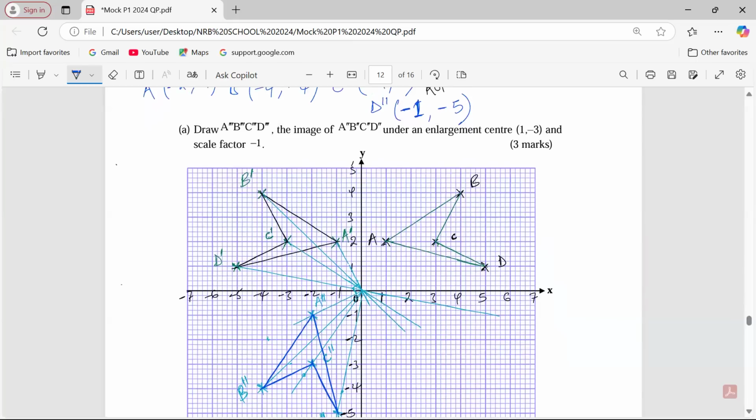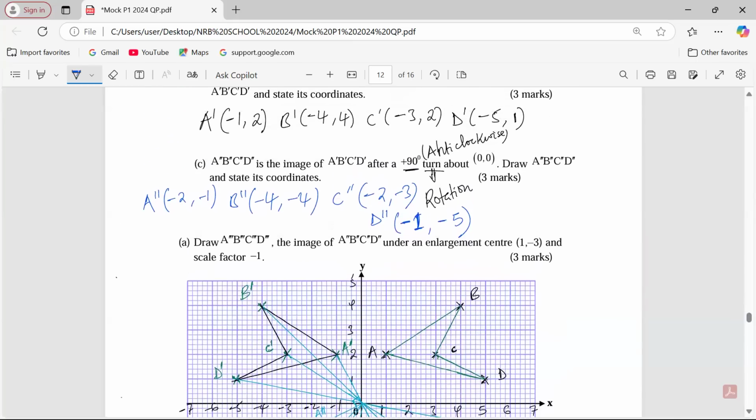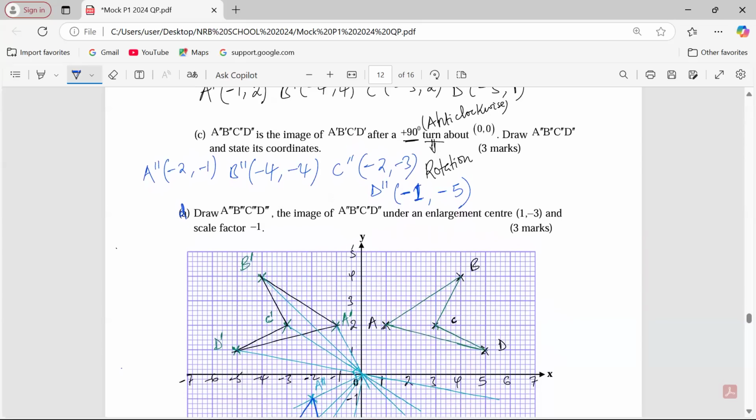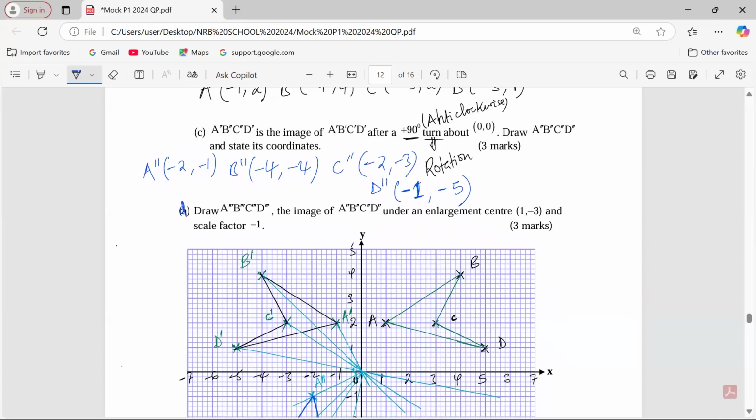So there is a final part here, which is part D in this question. Draw A triple prime, B triple prime, C triple prime, D triple prime, the image of A double prime, B double prime, C double prime, D double prime under an enlargement, center 1, -3, scale factor -1.